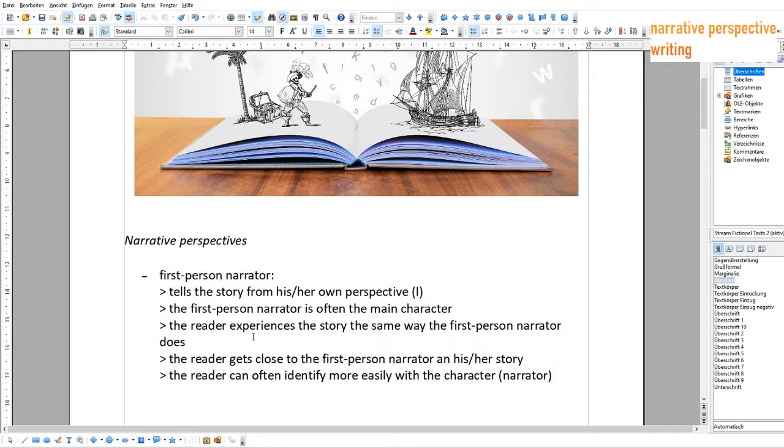Okay, so you can identify with him maybe easier because you know a lot about what he or she is thinking. But that's also another point, that you only know what he or she is thinking. You don't know anything about the thoughts of other characters.